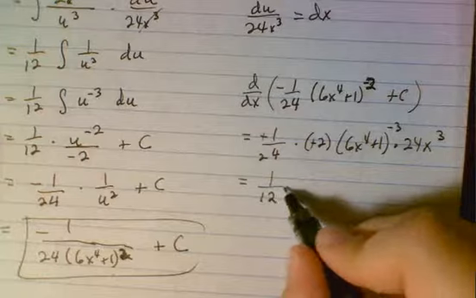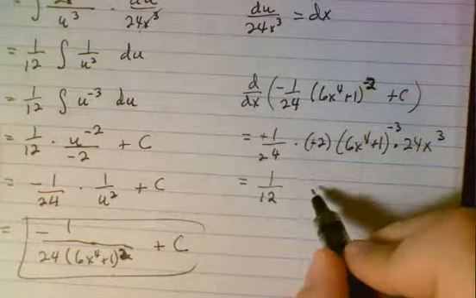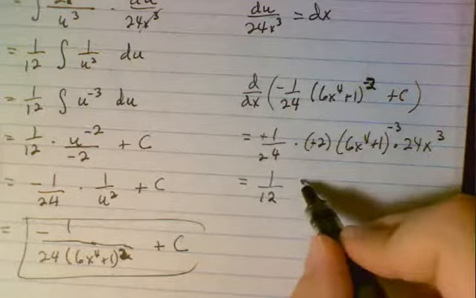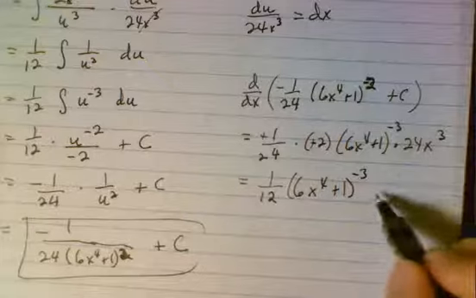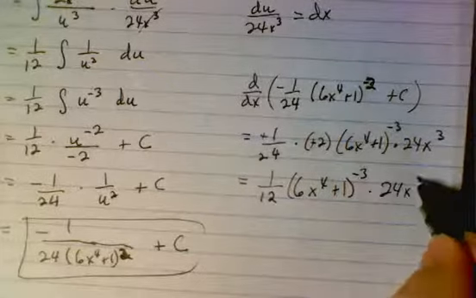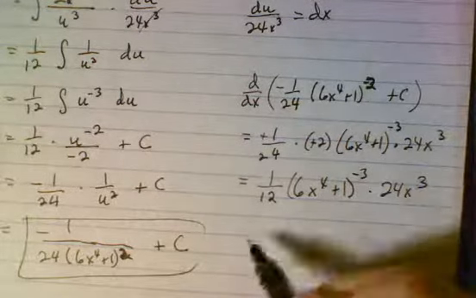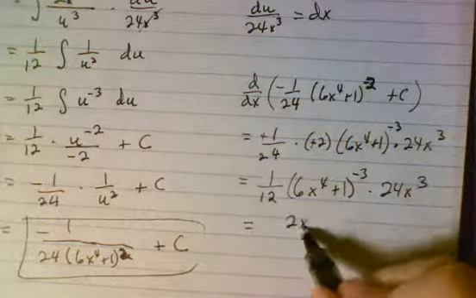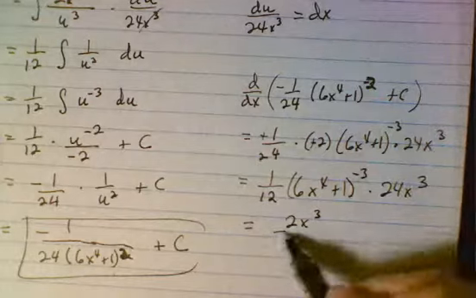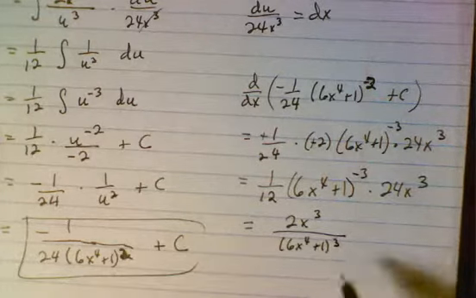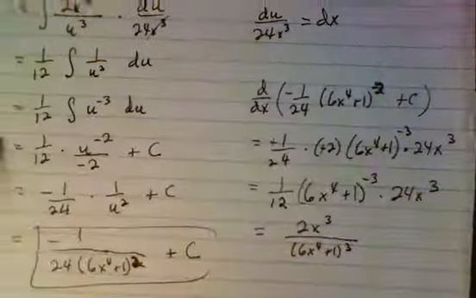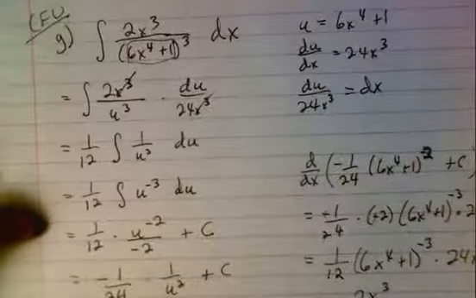So what I have is this times 6x to the fourth plus 1 to the negative third power times 24x to the third. So this 24 divided by 12 is going to give me 2x to the third. And then this is all in the denominator at 6x to the fourth plus 1 cubed, which once again is what I started off with up there.